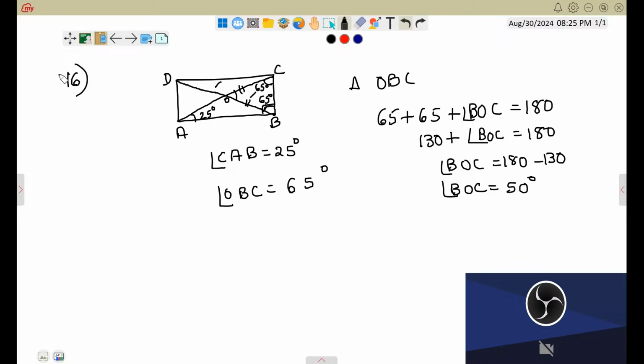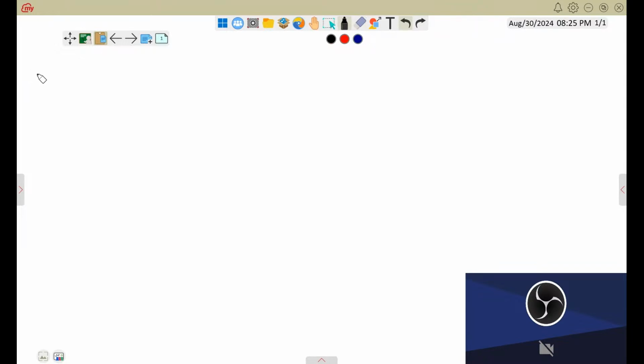Right. Coming to the next problem. 17th one. What is the 17th problem? In the given figure, ABCD is a parallelogram. So what is the figure given? There is a parallelogram given, named as ABCD.